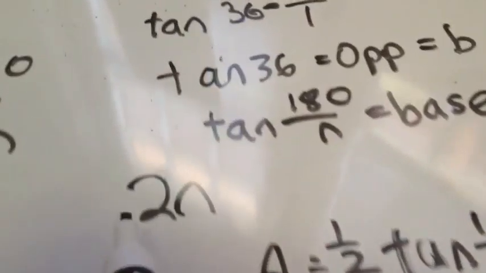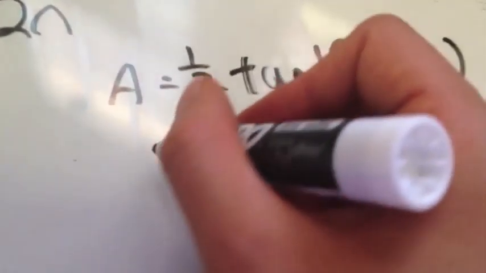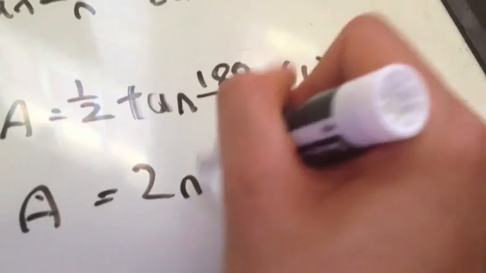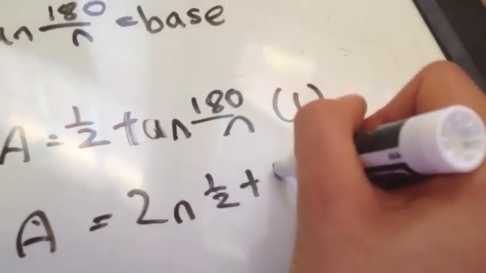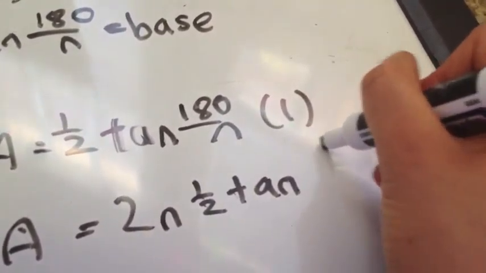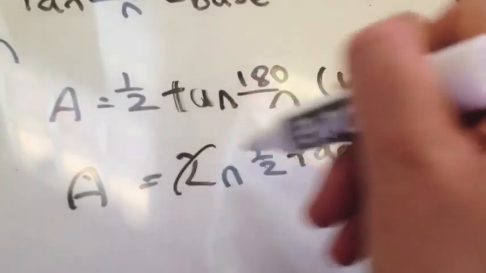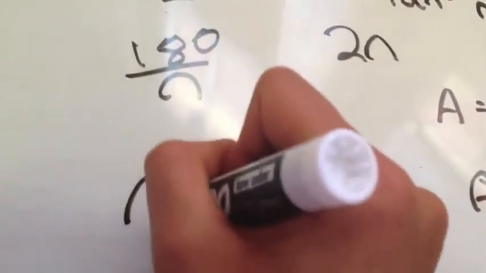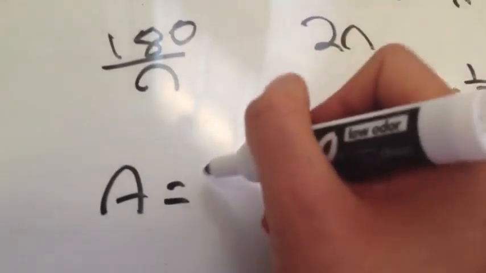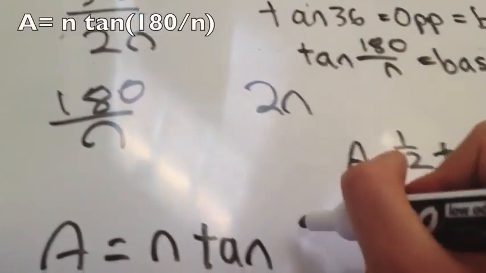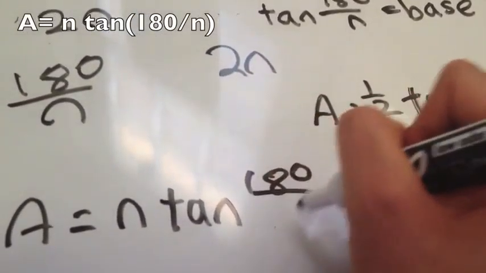But because we are going to be multiplying it by 2n, we get the equation area is equal to 2n times 1/2 tan of 180 over n. Then the 2 and the 1/2 cancel out, and our equation becomes area equals n times tan of 180 divided by n.